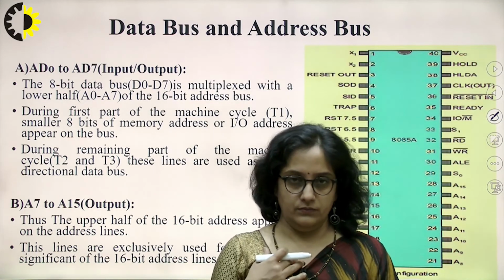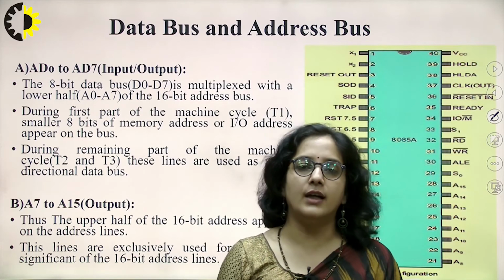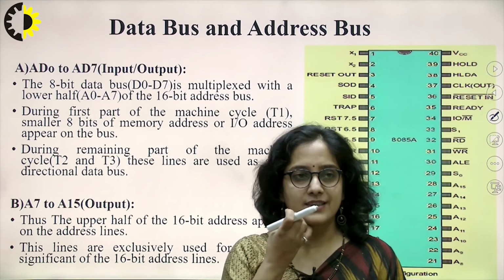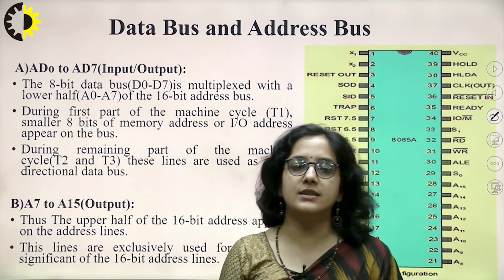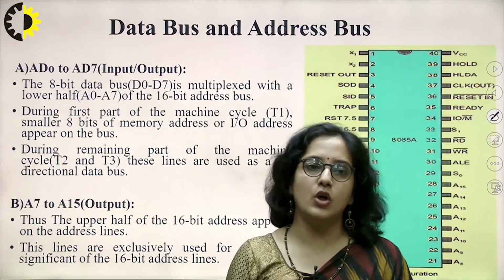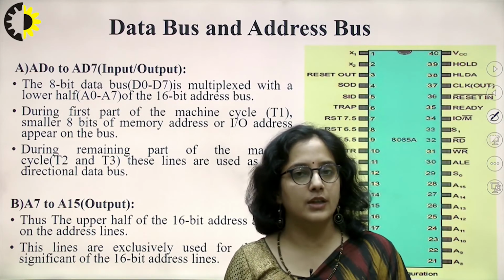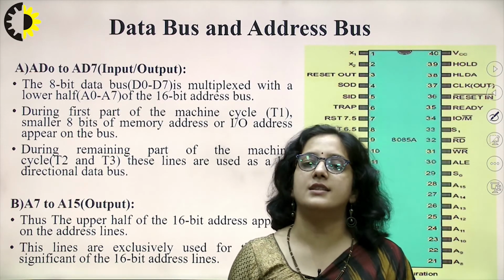To demultiplex this address and data lines, we have to use another control signal. We will see that control signal. This demultiplexing is done so that at a time only the address will travel on this line, and for the next time duration it will be considered as a data bus.